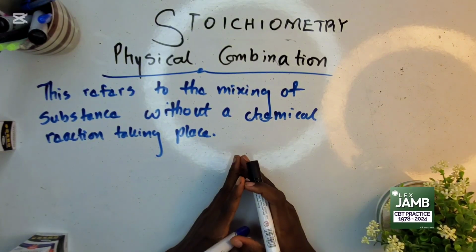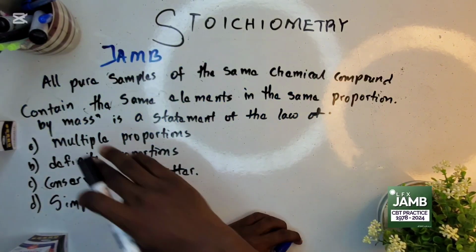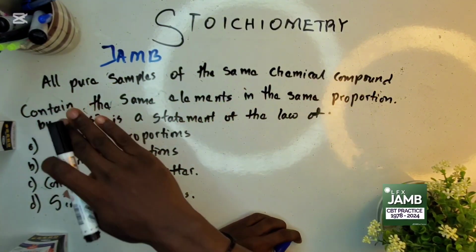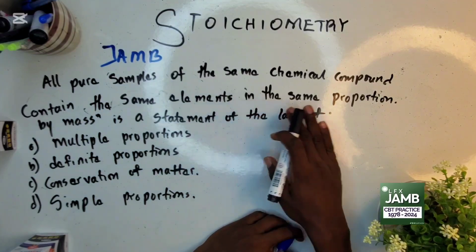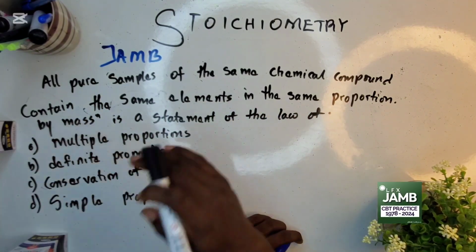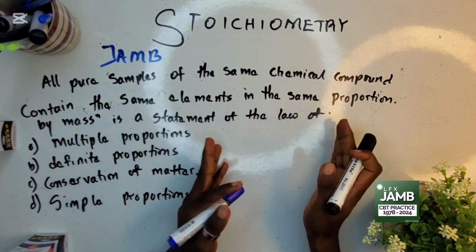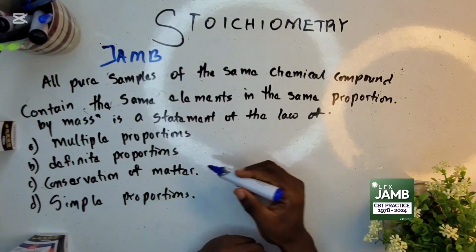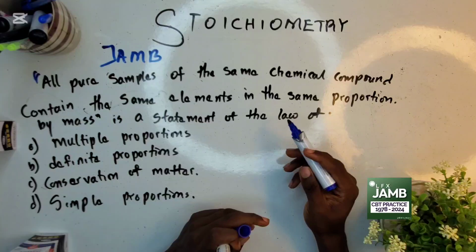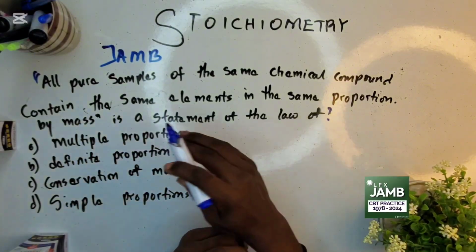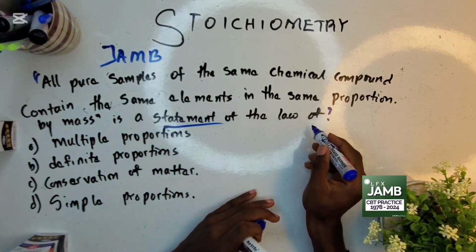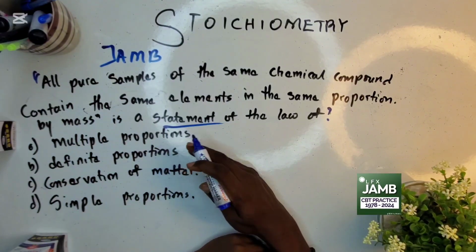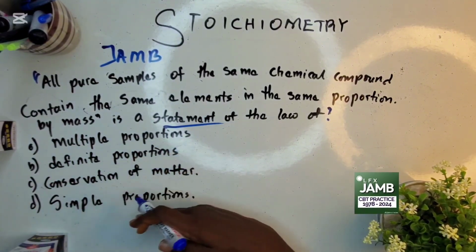Let's see a JAMB related question. All pure samples of the same chemical compound contain the same elements in the same proportion by mass. It's a statement of the law of: is it multiple proportion, definite proportion, conservation of matter, or simple proportion?